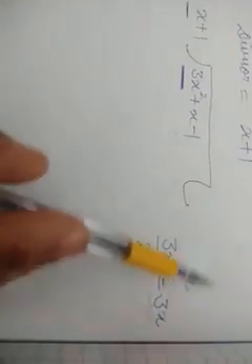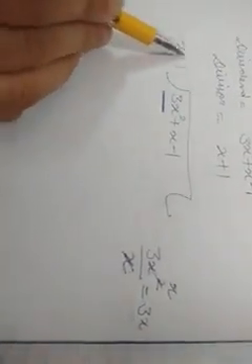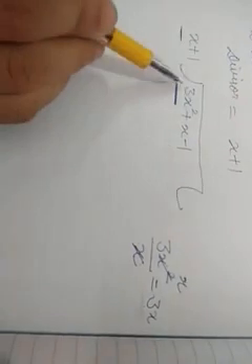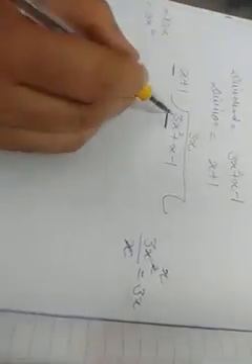Either you can find it this way, or you can check directly by which number we should multiply this x to get 3x square. So if we multiply x with 3x, then we will get 3x square, because here it is only x and we want 3x square.